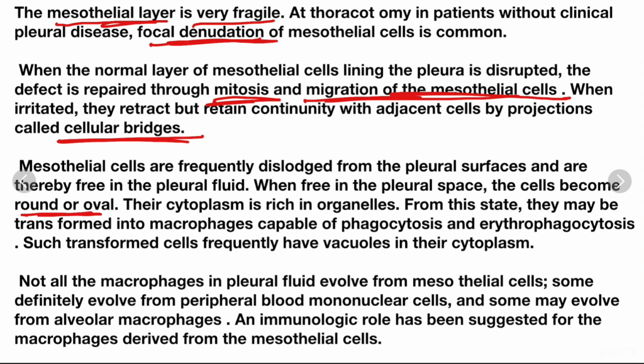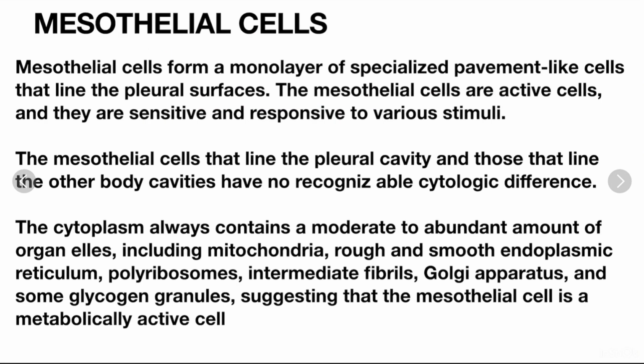Some definitely evolve from peripheral blood mononuclear cells, and some may evolve from alveolar macrophages also. An immunological role has been suggested for the macrophages derived from the mesothelial cells, so they do have an immunological role.